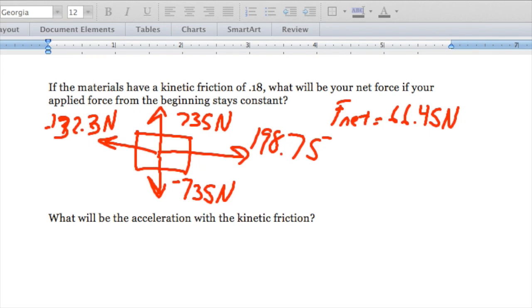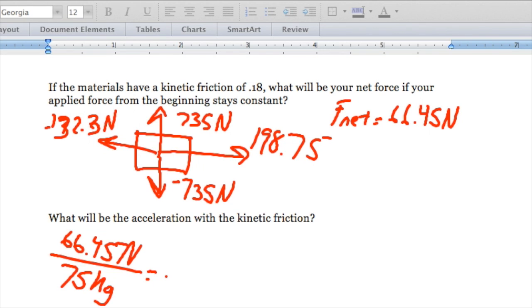I take that and I divide it by the 75 kilograms, and what I will get is an acceleration of 0.886 meters per second squared.